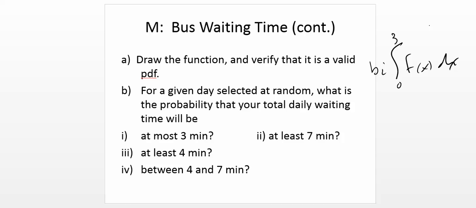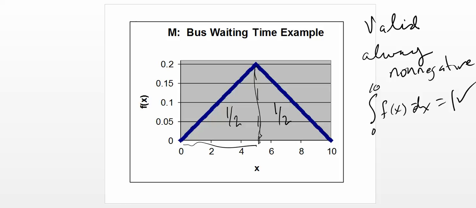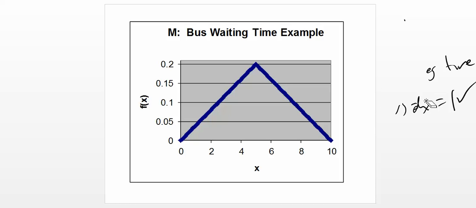But I don't want to integrate. So instead, what I'm going to do is use the area concept further. What is the area of the triangle that lies between 0 and 3? I'm going to need to get rid of some of this that I've drawn on already. And now I want the area of this triangle.